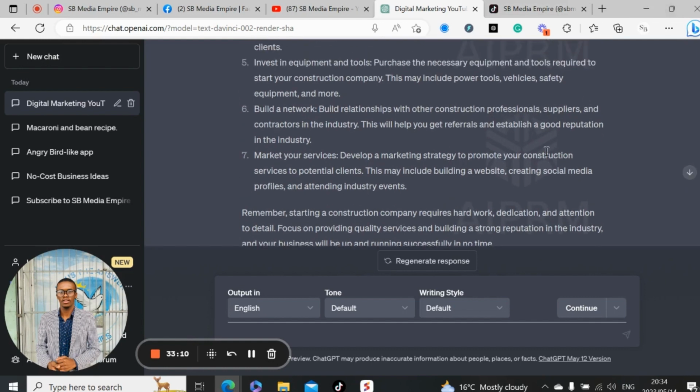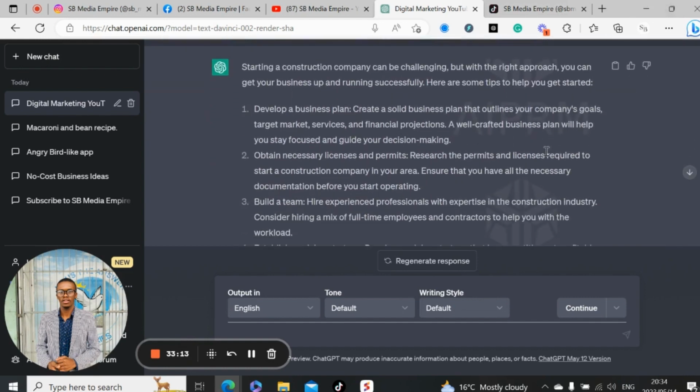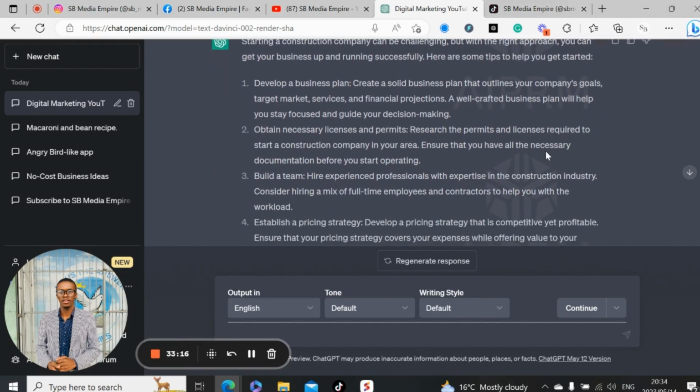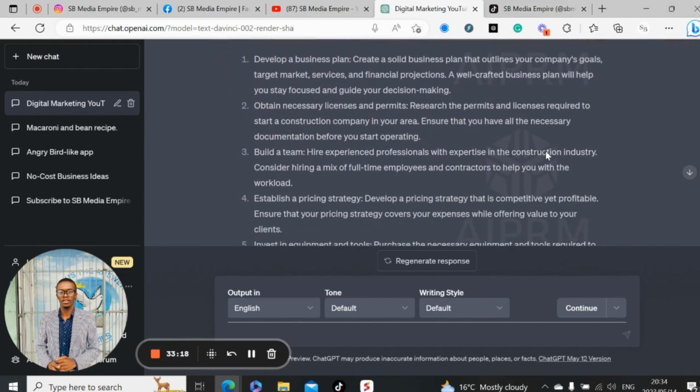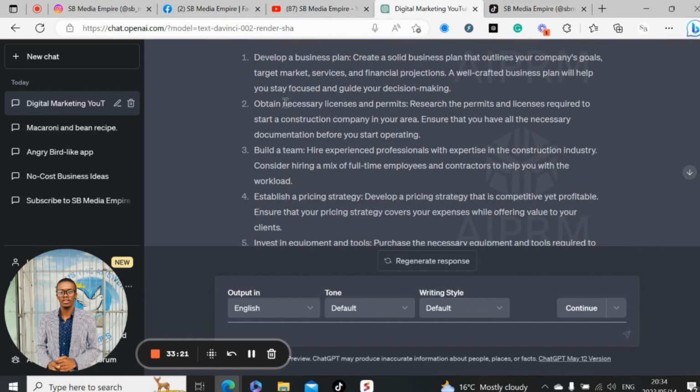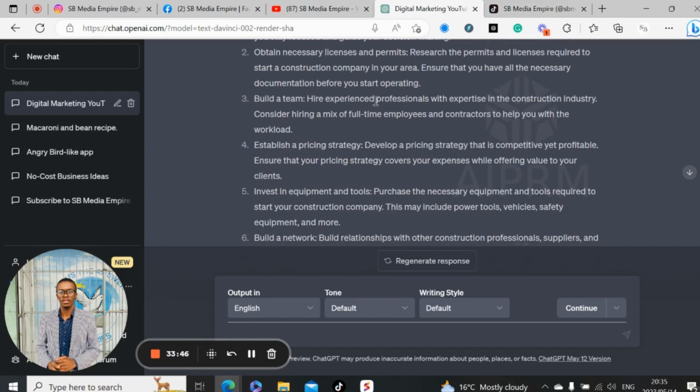So look at that. Let's say you are a construction owner, then you know all of these things that are written here. But where I am right now, the obtain is actually, yeah. But I haven't really seen any construction companies that have licenses and permits, but it's for safety reasons, right? To have those licenses and permits.